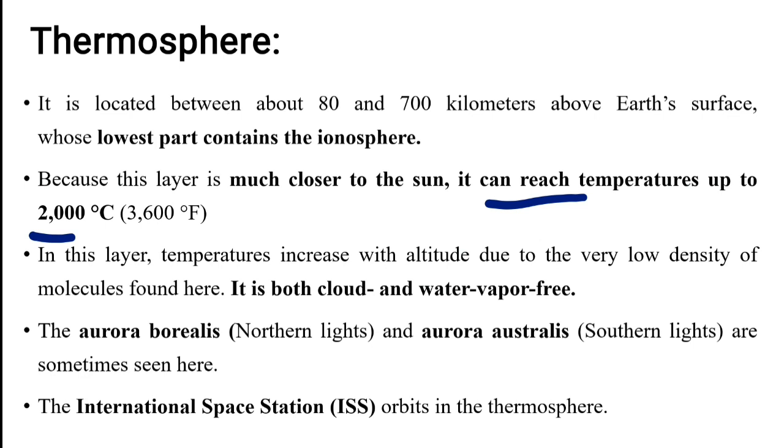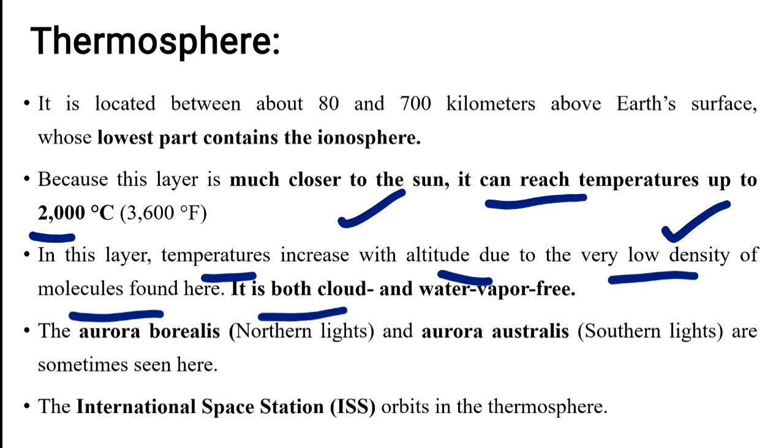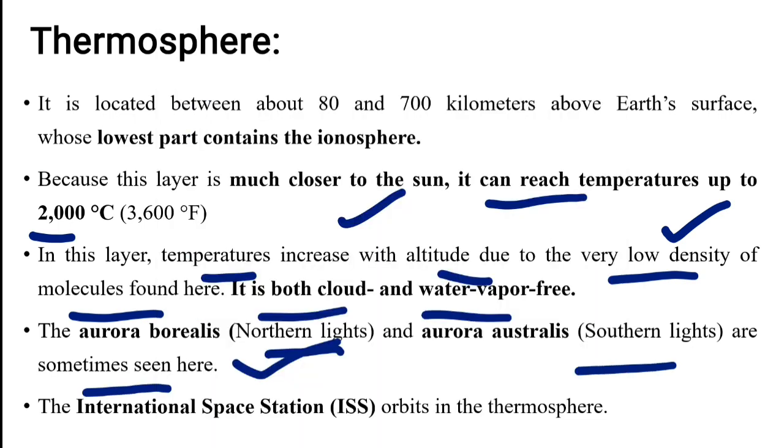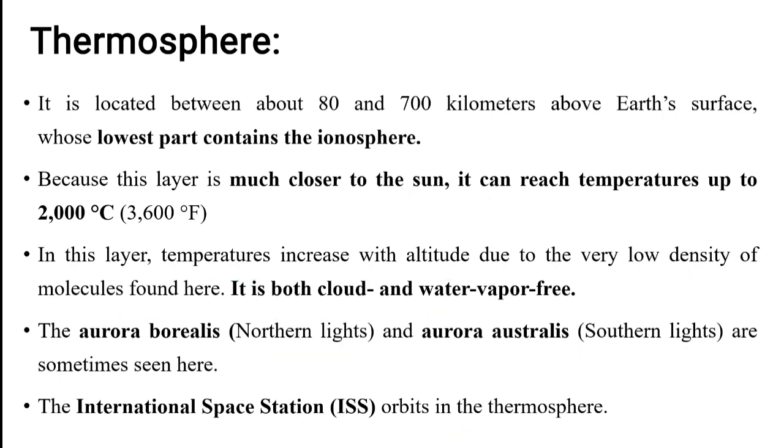In this layer, the temperature increases with altitude due to the very low density of molecules found here. It is both a cloud and water vapor free layer. Aurora borealis and aurora australis, which are northern lights and southern lights, are sometimes seen here. The International Space Station orbits in the thermosphere.